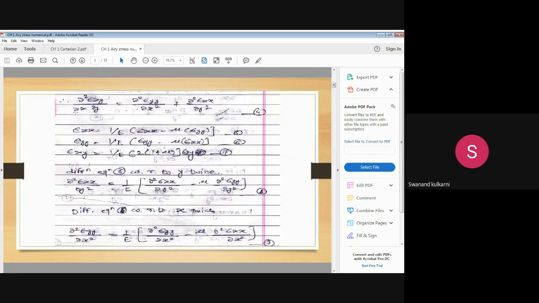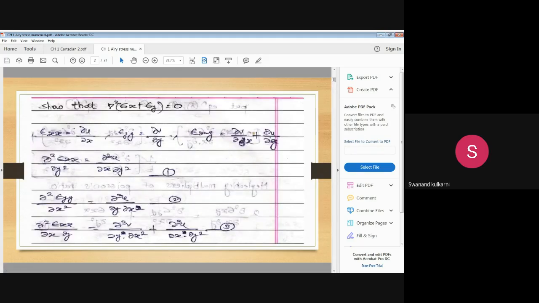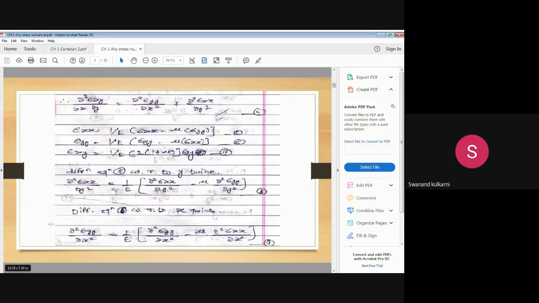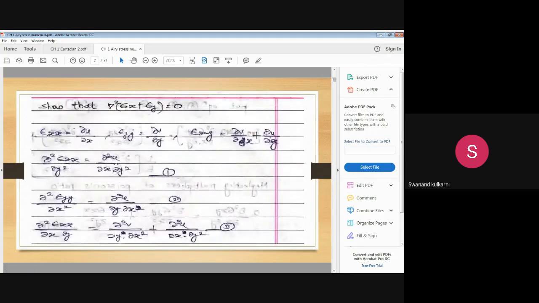Now let us take this particular ∂²εxy/∂x∂y, equation number 3. Here, if we observe equation number 1, it is ∂³u/∂x∂y². So from equation number 1, the same term which is present here is present here also, so we can replace this term.